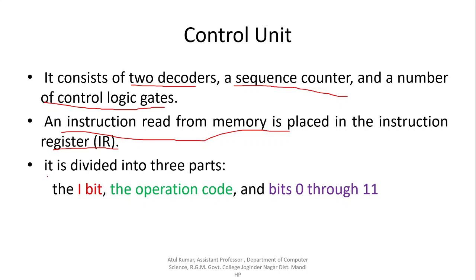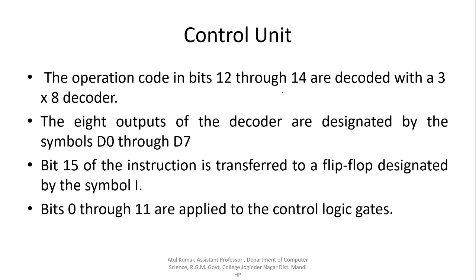The instruction register is divided into 3 parts. The first part is the I bit, the second part is the operation code, and the third is bits from 0 to 11. The operation code in bits from 12 to 14 is decoded with the 3 into 8 decoder, as I have discussed earlier.